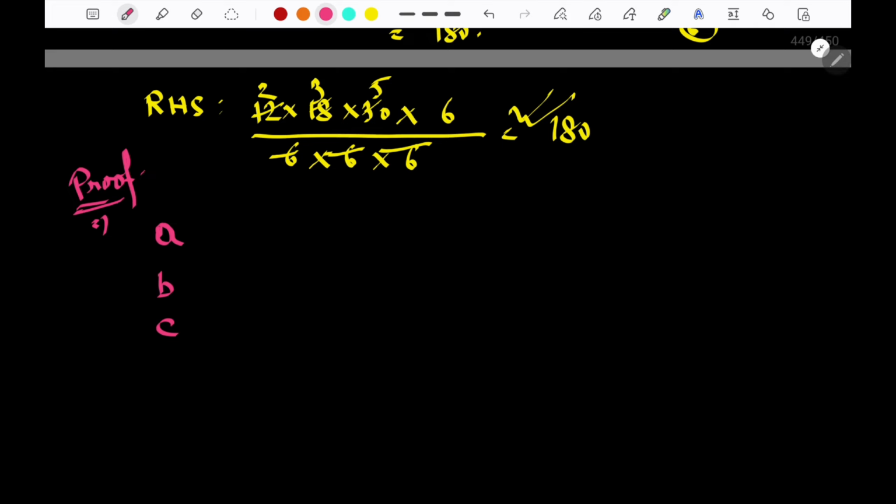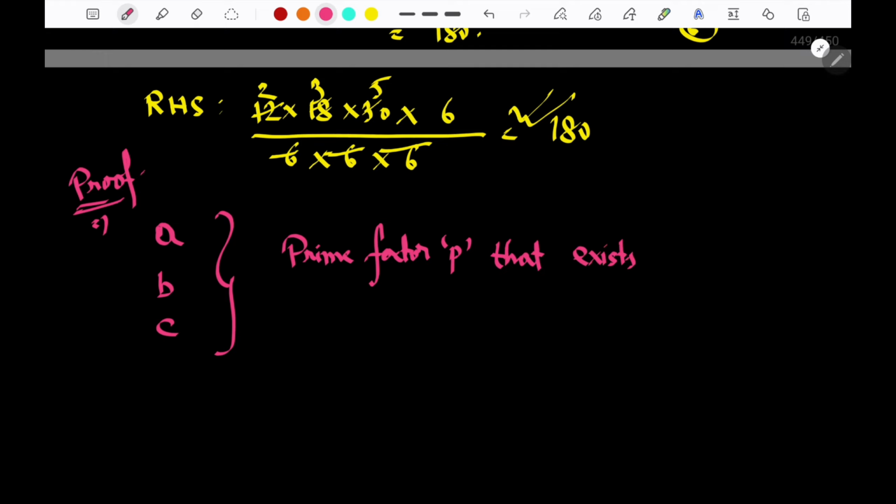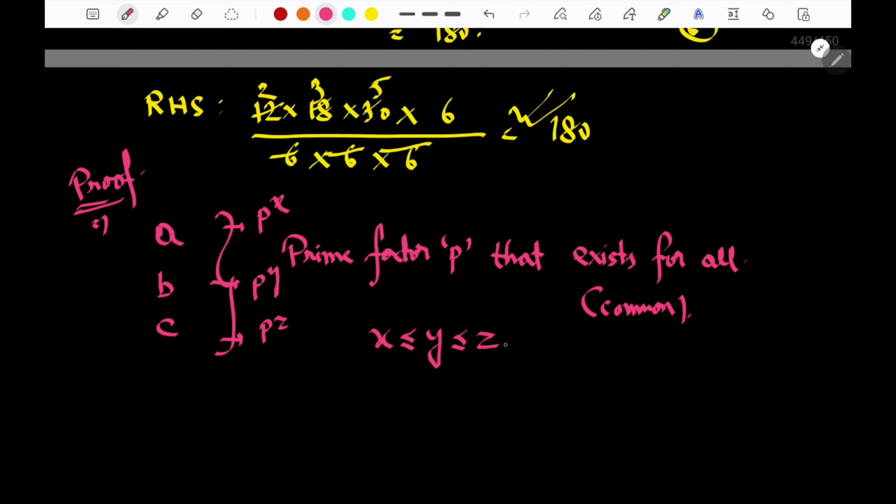For a, b, c, suppose there is a prime factor p that exists for all, meaning common to all. So let's say the exponent of p: here it is p to the power x, here it is p to the power y, here it is p to the power z, and say the order is like this, x is less than or equal to y is less than or equal to z.